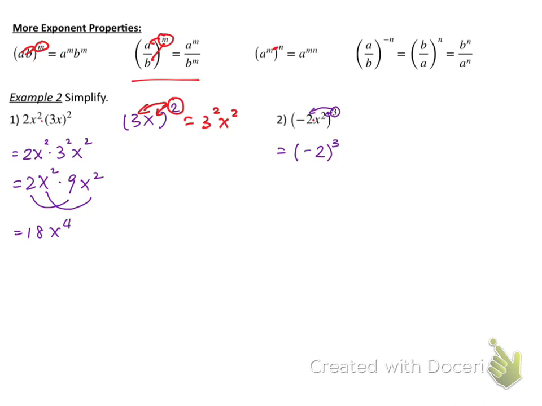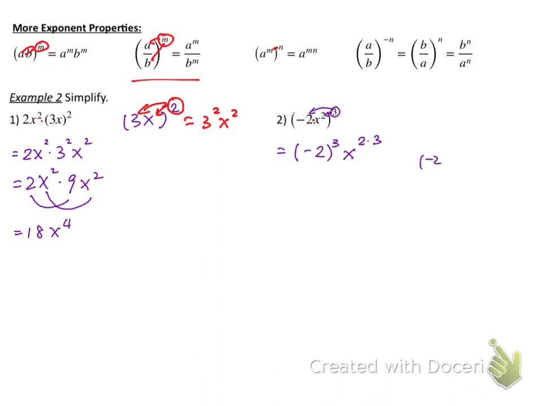But if the original factor x squared already has an exponent, you are going to keep the base and multiply the exponents. So you grab the 3, you want to give it to the 2. You give it by multiplication. This is 2 times 3. You multiply the outer exponent and the inner exponent together.